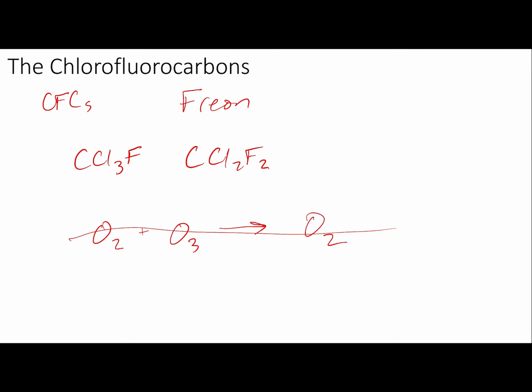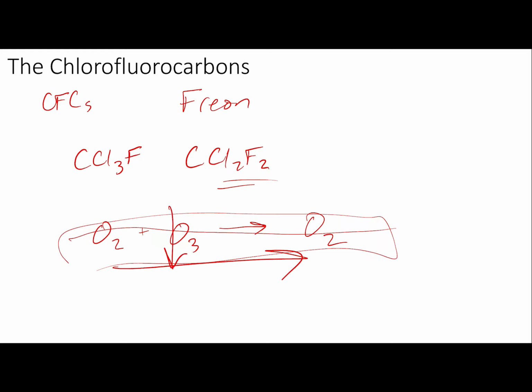This is not a good equation. I don't have it in front of me. What I was going to say, though, is that this equation of natural ozone degradation actually is catalyzed by the presence of these fluorocarbons, or those chlorofluorocarbons. These things in the atmosphere make this reaction happen faster, which just lowers the amount of ozone we have.